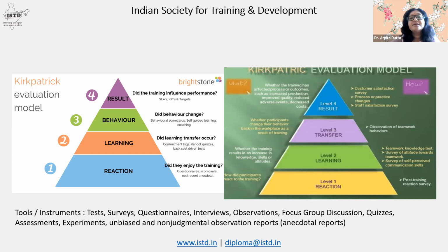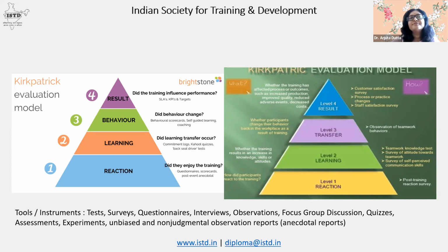So reaction level is checking if the participants like the content, how the training program was, how the food was, how the facility was, how the overall satisfaction level was. So it is a basic superficial level of data, which will not give you solid information about how the actual training program was.